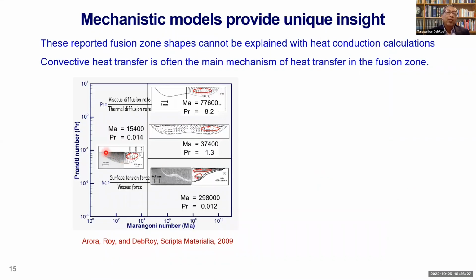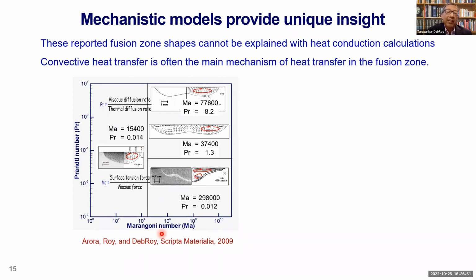The fusion zone geometry is not always hemispherical. It depends on two parameters. One we call the Prandtl number, which is the ratio of momentum diffusivity to heat diffusivity, and the Marangoni number, which is a measure of the strength of the Marangoni flow velocity.